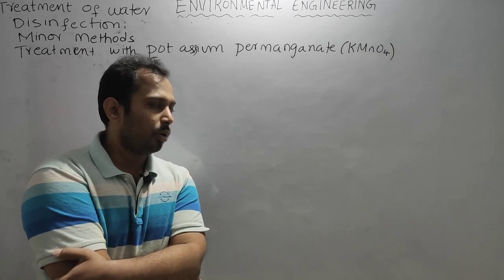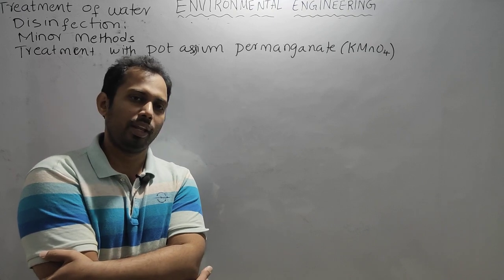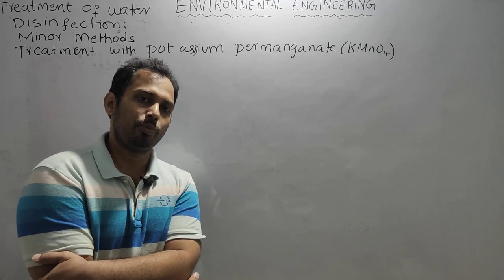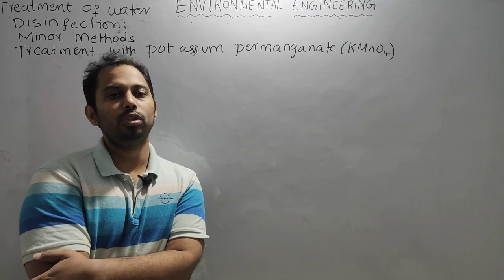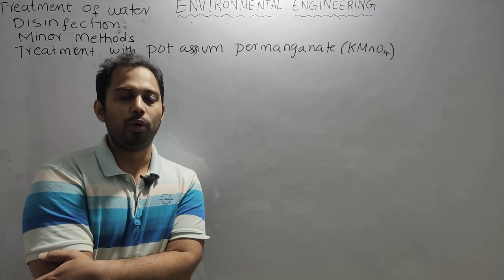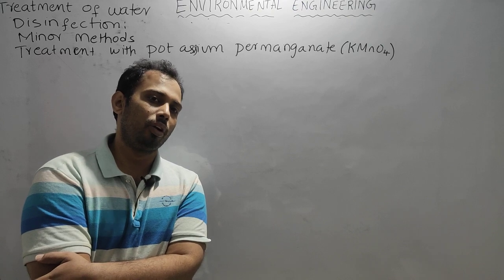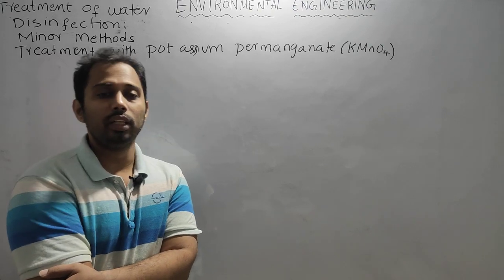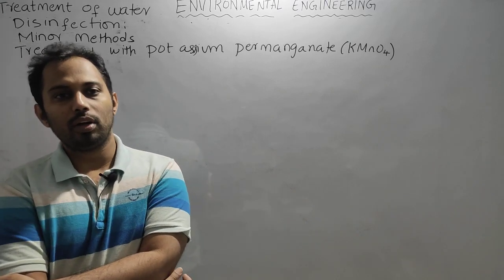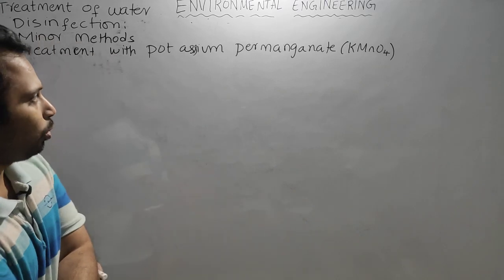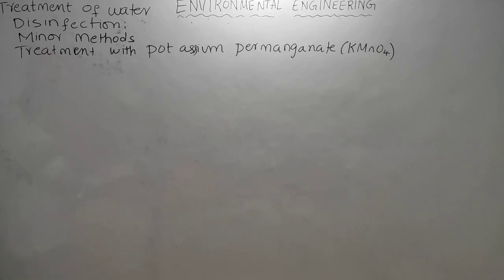If the dosage is more than needed, residual metallic ions like manganese create problems for the water again. That is why we generally don't use this for municipal water supply. Two reasons: one, it cannot kill all the microorganisms effectively, though it can kill the cholera causing bacteria; and two, it causes color in the water. Those are the two problems why we don't use potassium permanganate for bulk water supplies.